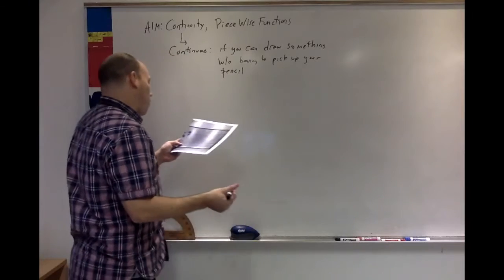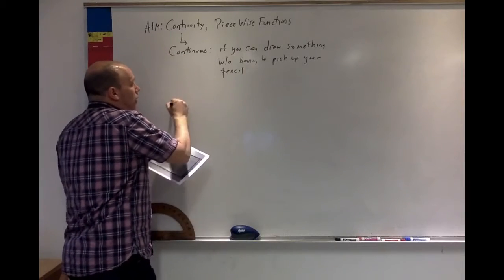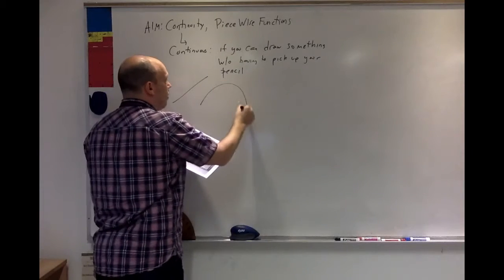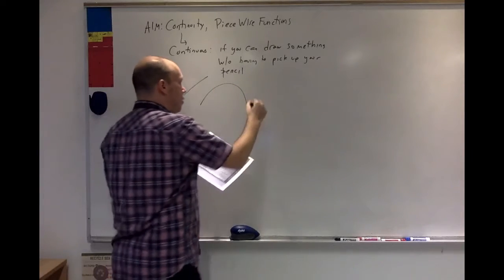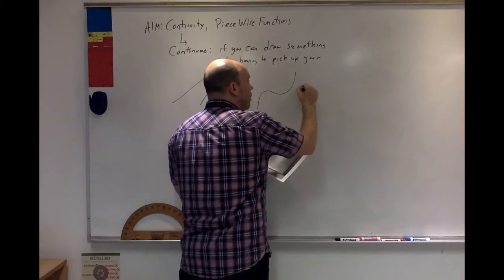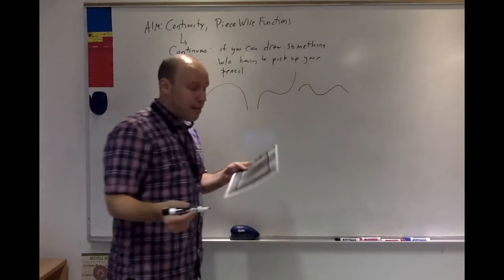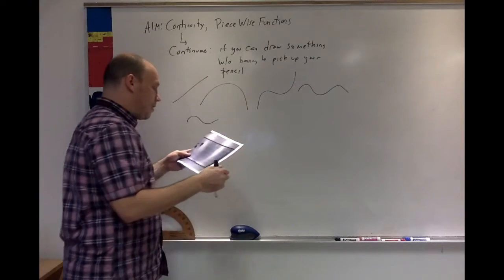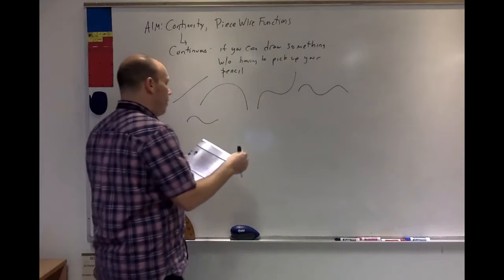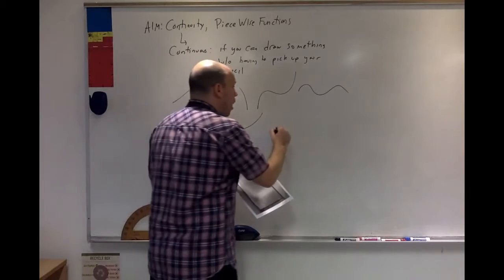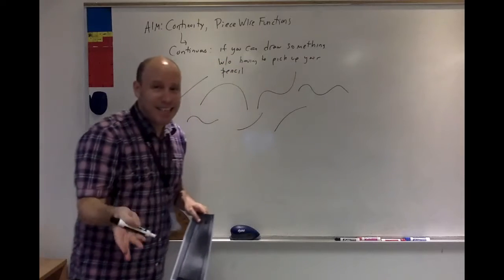So, for example, lines, that's continuous. Parabola, that's continuous. Cubics, that's continuous. Sine, well, we'll see, sine wave, that's continuous. Cosine wave, that's continuous. Exponents, that's continuous. Logarithms, that's continuous.